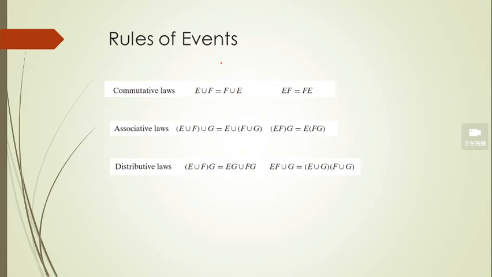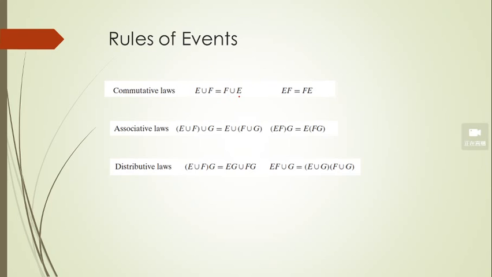The rules of events. This is actually the same as the set operations, right? So rules of events, commutative laws: E or F is the same as F or E. No problem, right?